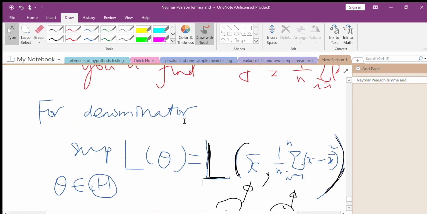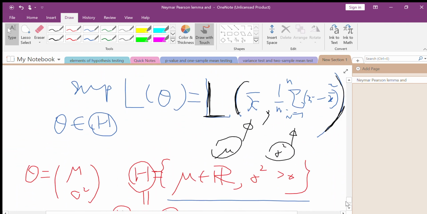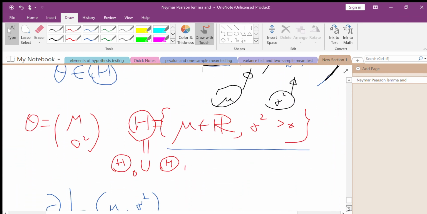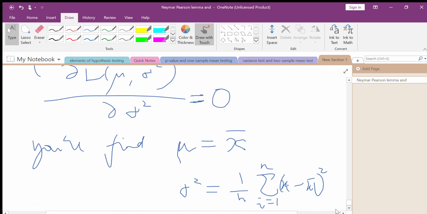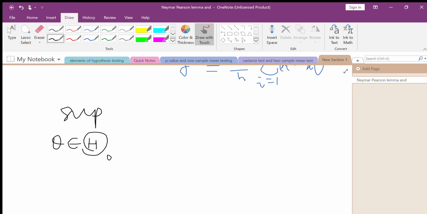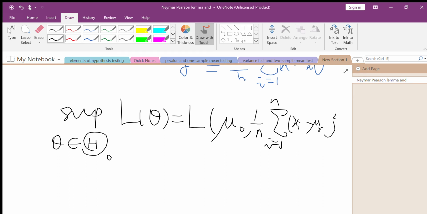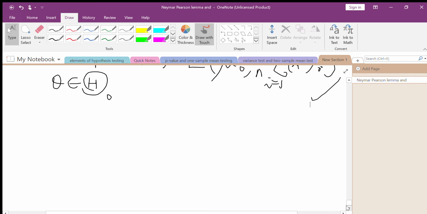Okay. Now we have got the result for numerator and denominator. Let's rewrite it as follows. For the numerator, the supremum over theta in the null parameter space of L(theta) is L(mu_0, 1 over n, sum from i equals 1 to n of (x_i minus mu_0) squared).